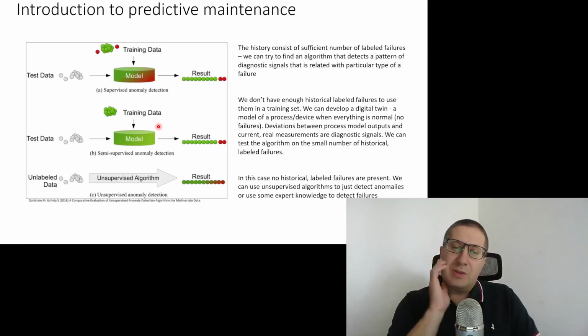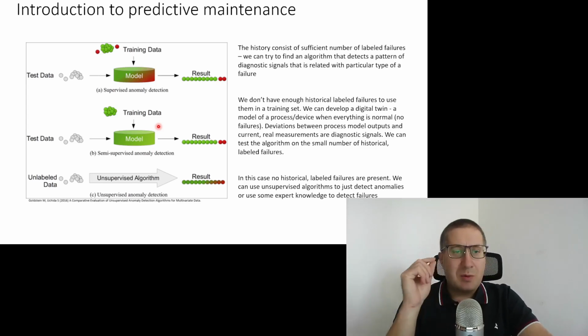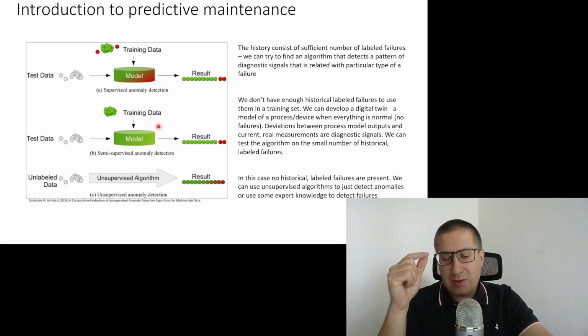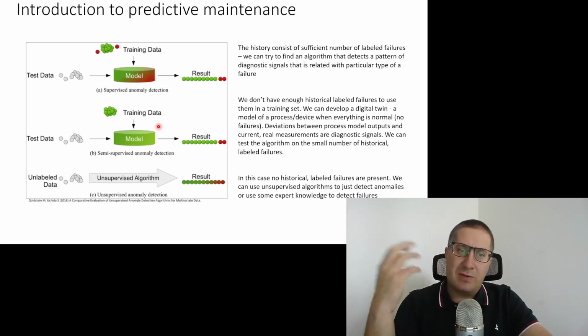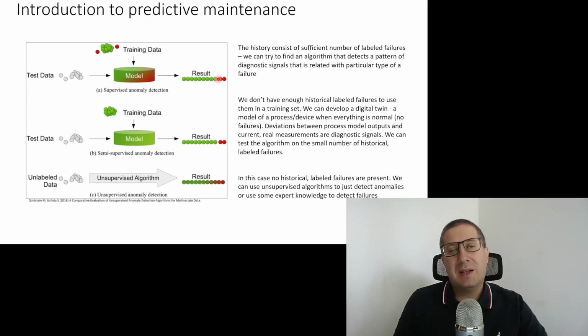I already talked about this picture in the anomaly video, but I think we should discuss this once again in the context of failures. So we can have three different cases. We can have historical failures in our data. So we have data from 3 years, and there are some failures, like about 20, 30 failures in the historical data.